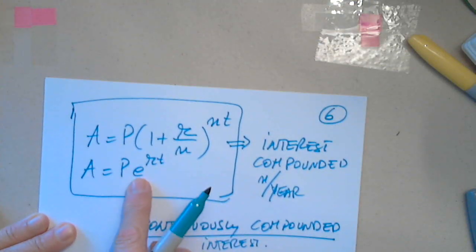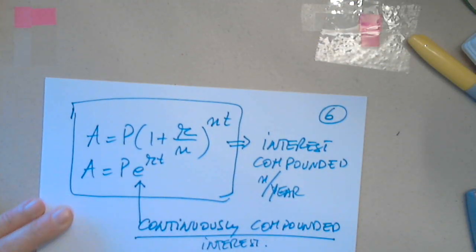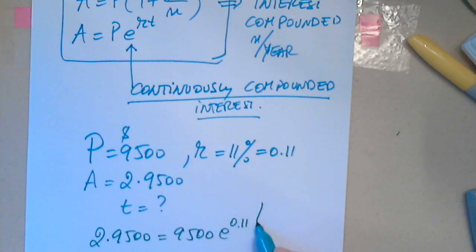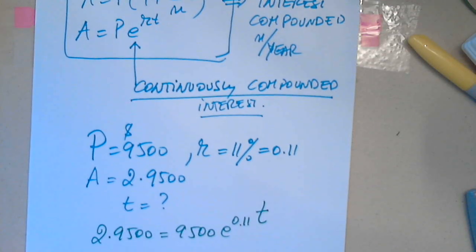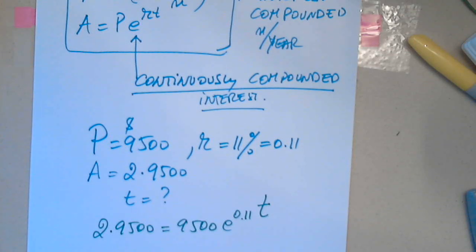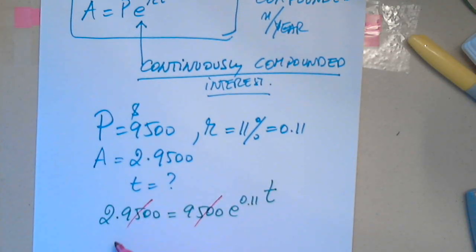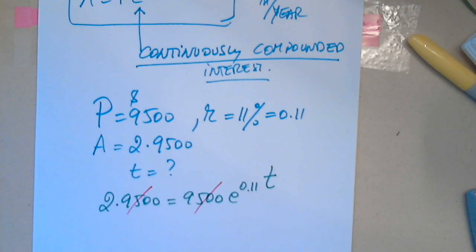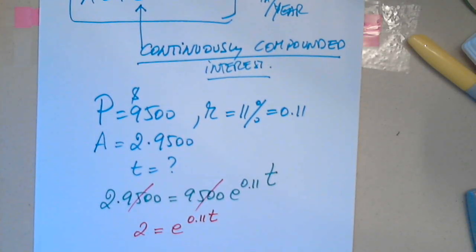Then E is our friendly E. R is given to us as 0.11 times T. Good, we are solving for T. Obviously, I'm going to clean it up, dividing both sides by 9,500. So 2 equals E to 0.11 T.